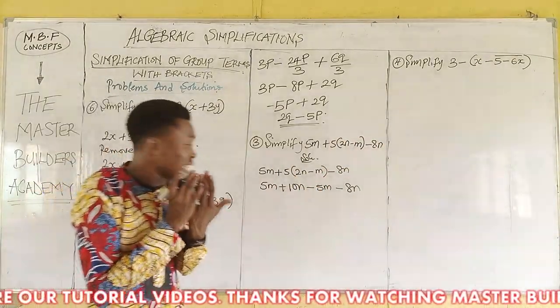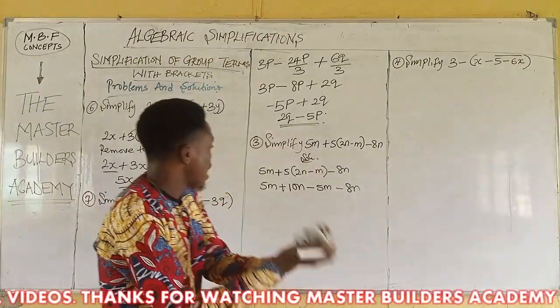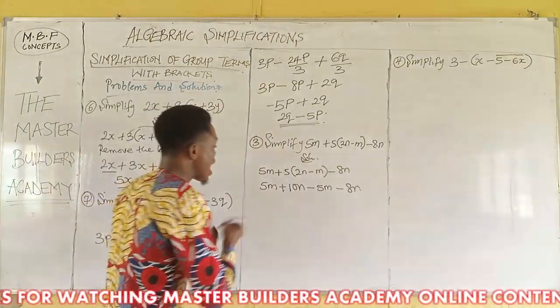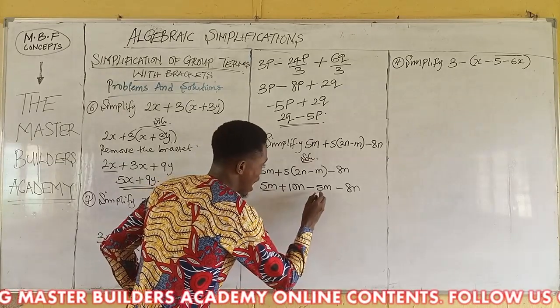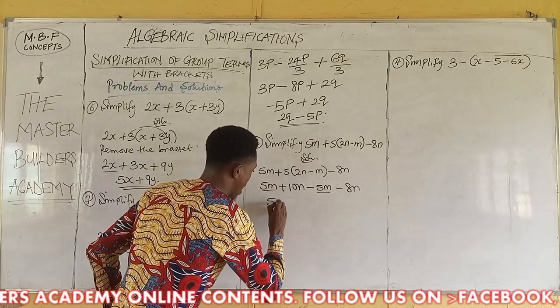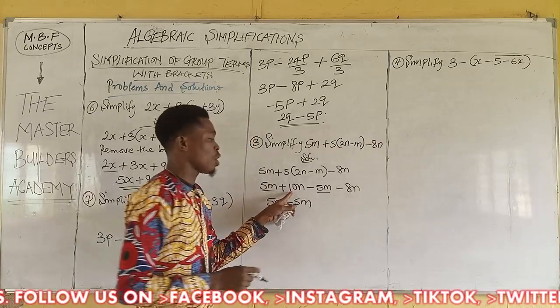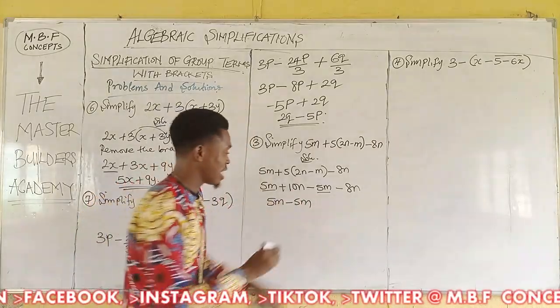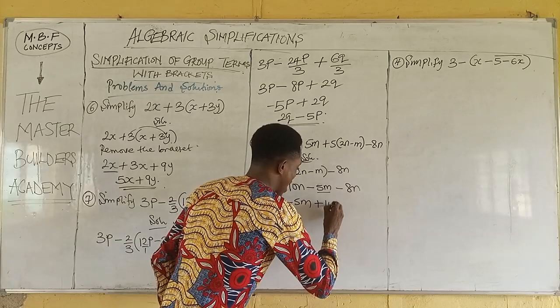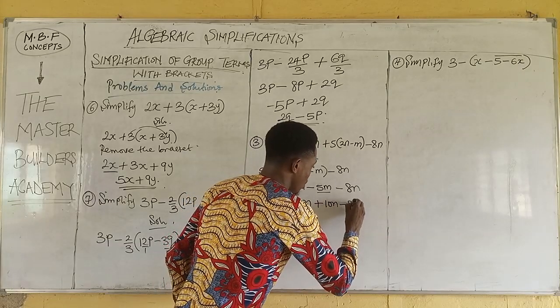So we need to start arranging this by first taking the positive term. Now here I have 5m and minus 5m. So I'm going to put down 5m minus 5m. Then for n I have plus 10n and minus 8n. Now I'm going to start with the positive sign: 10n minus 8n.